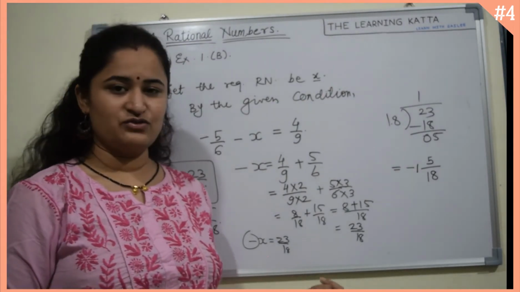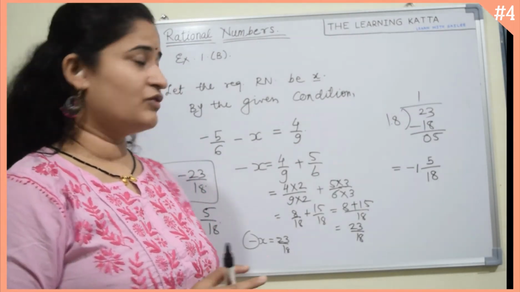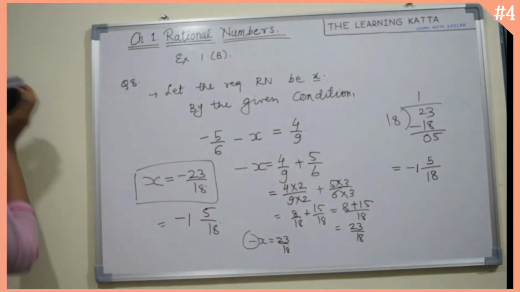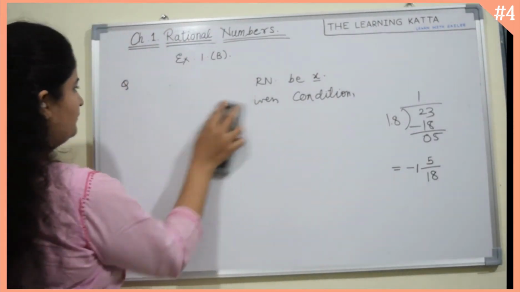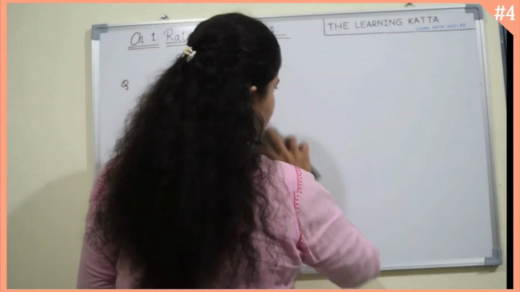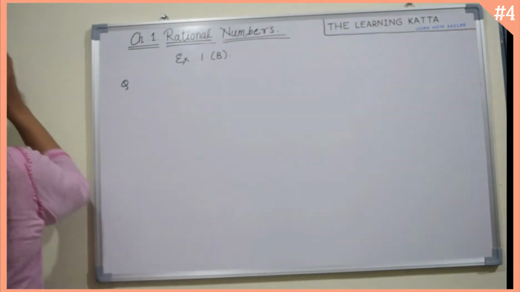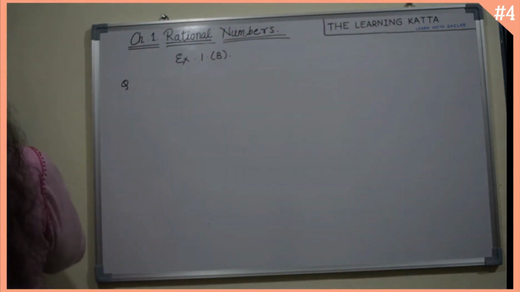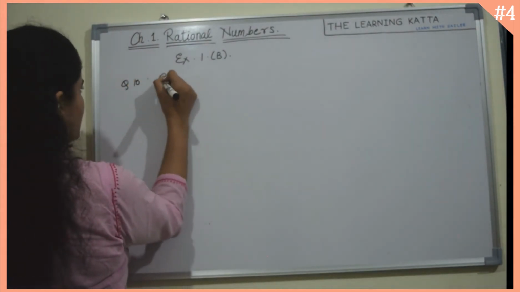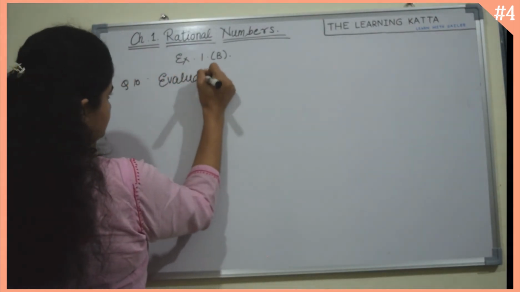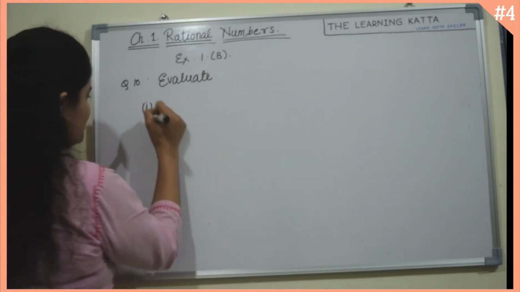Now that's the last question. Question number 10. I'm going to cover one sum from that. Then we will be done with this exercise. Now question 10 is again evaluate only. But I thought I'll just cover it because it has 4 rational numbers to be added at once.